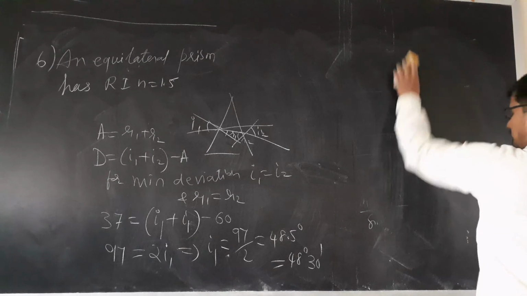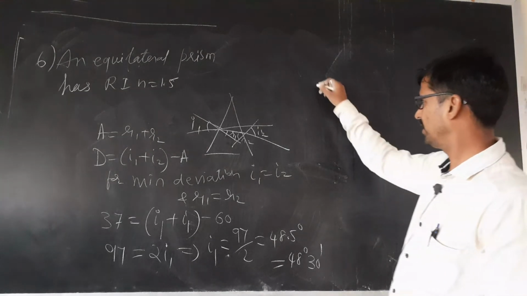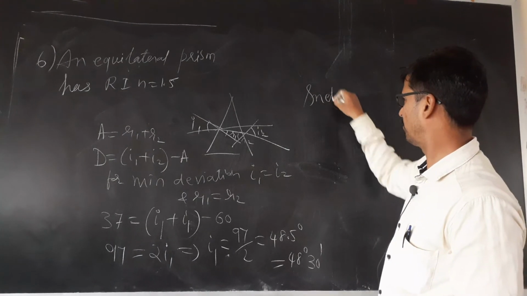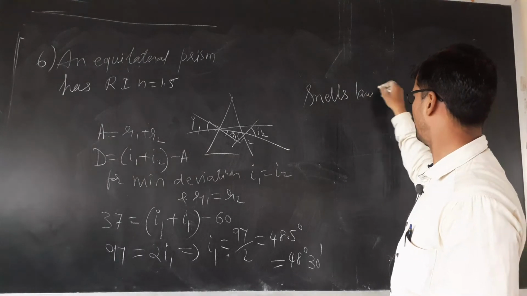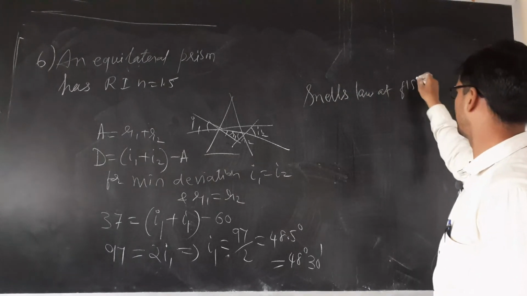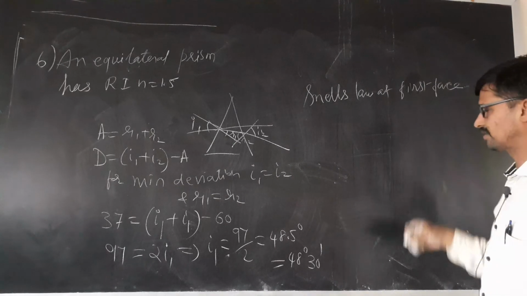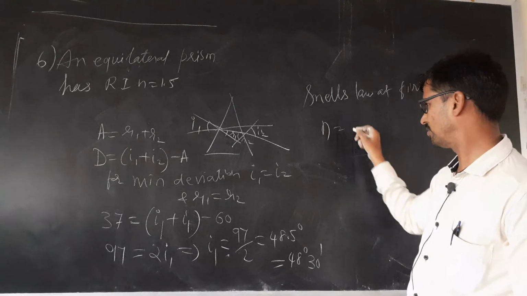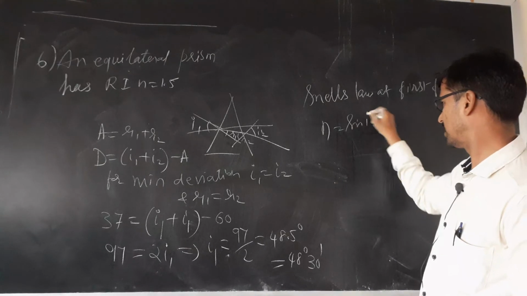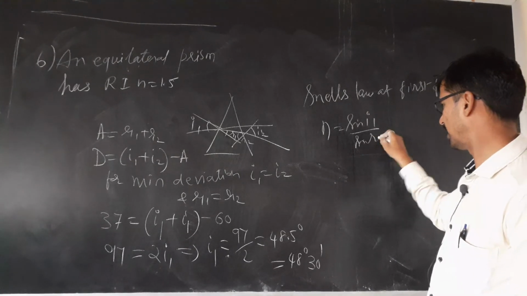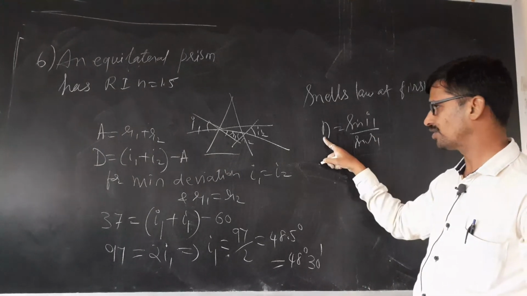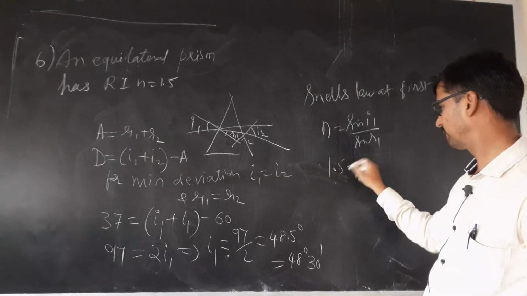There are two ways. One is applying Snell's law at the first surface. N is equal to sin I1 upon sin R1. N is known to us, that is 1.5.